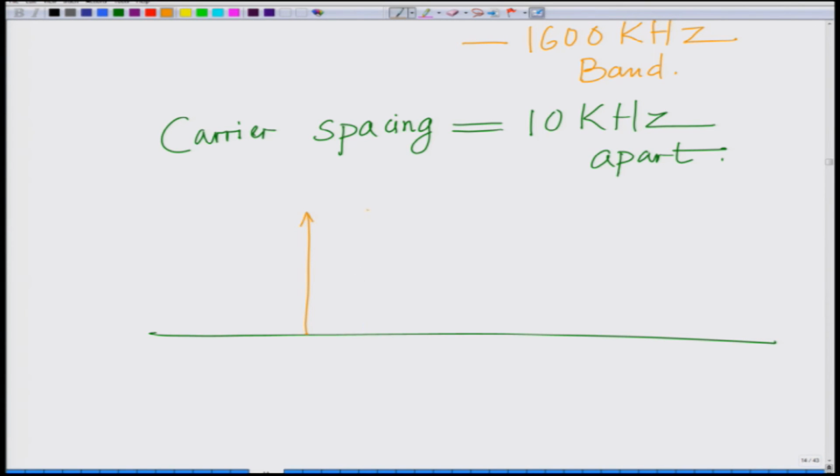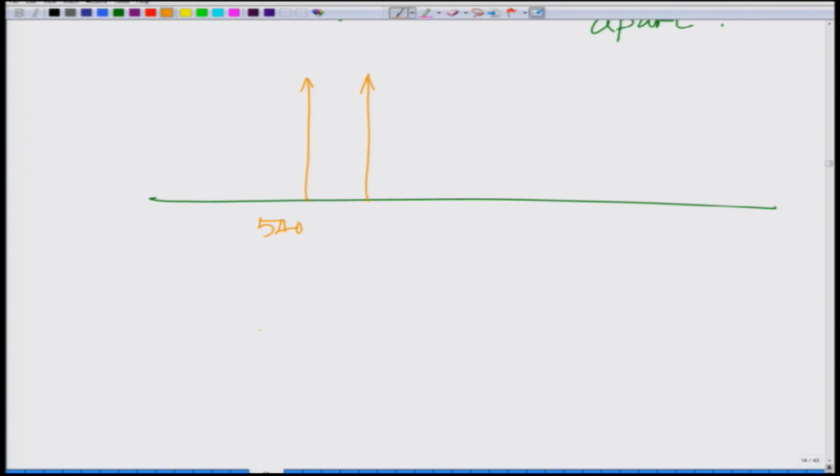So if you look at the carriers, you start at 540, 550 kilohertz, then you have the next carrier at 560 kilohertz, and so on and so forth.